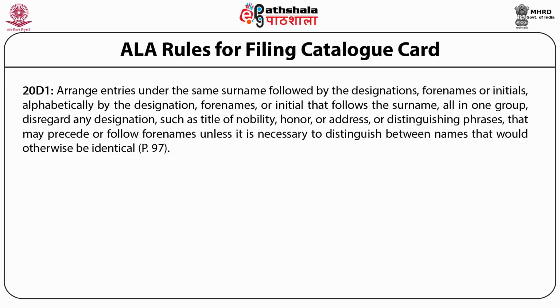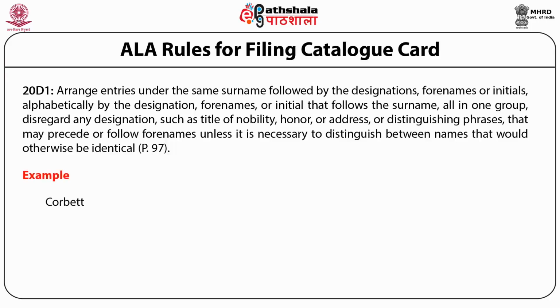Disregard any designation such as title of nobility, honor, or address, or distinguishing phrases that may precede or follow forenames, unless it is necessary to distinguish between names that would otherwise be identical. This rule is given on page number 97.